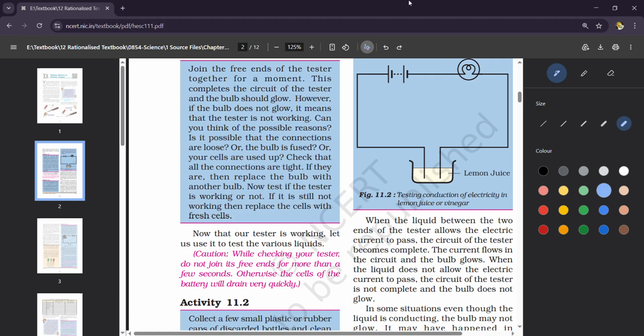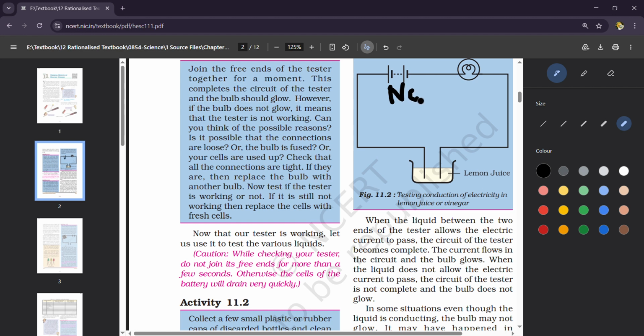Now, if we add water plus sugar, this solution will not be a conductor because sugar doesn't break. The molecules of sugar don't break into 2 or 3 parts, but the molecules of salt break into 2 parts when electric current is provided.